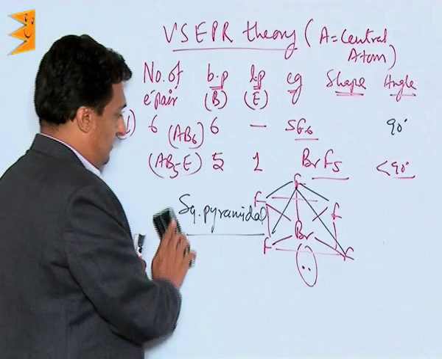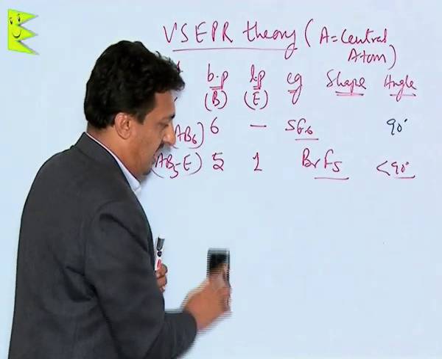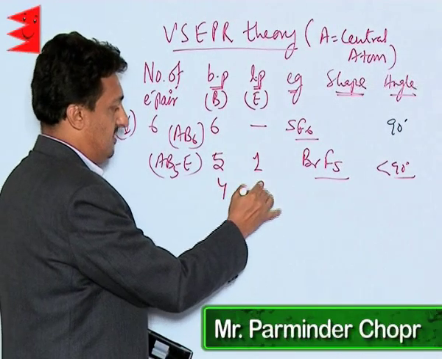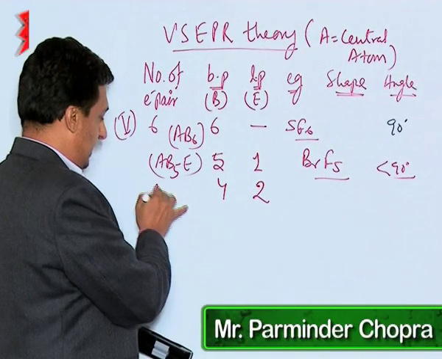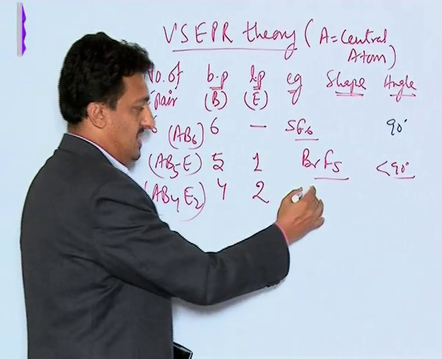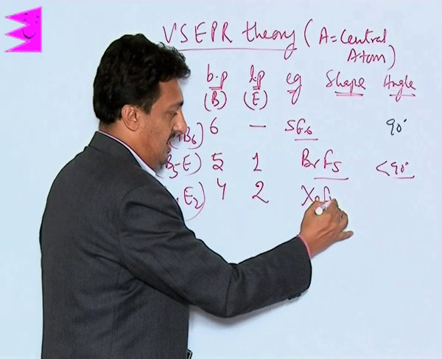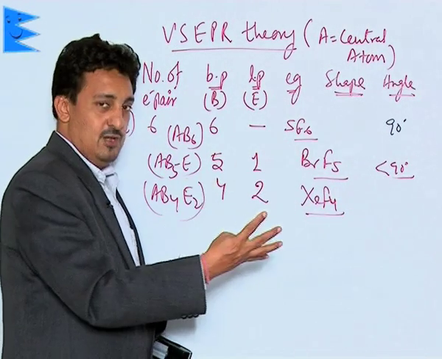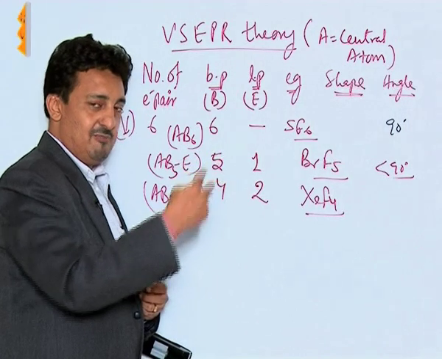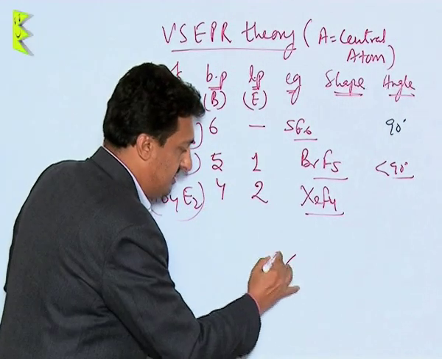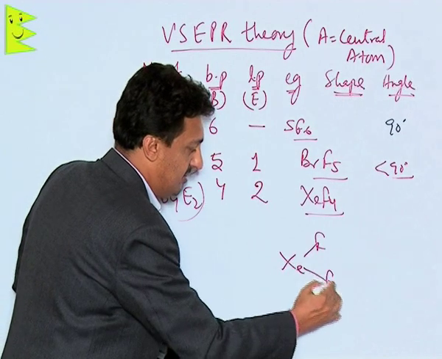Let us take the next case, where we will be having 4 bonded pairs and 2 lone pairs. The category AB4E2. Best example is xenon tetrafluoride. Xenon, out of the 8 valence electrons, 4 are bonded to 4 fluorine atoms. 4 electrons left make 2 lone pairs. Now, how does xenon arrange these 4 fluorine and 2 lone pairs?